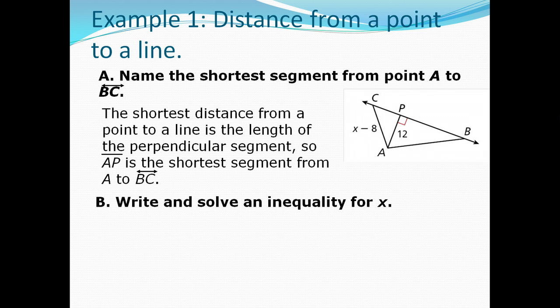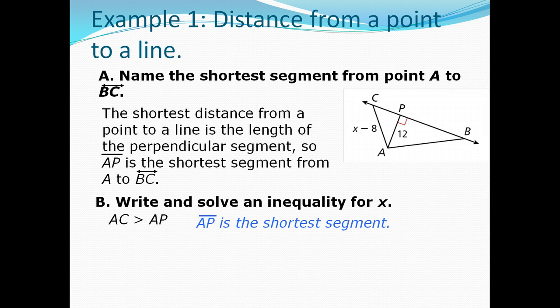If we want to write and solve an inequality for x, since we don't really have an exacting value, we can at least figure out what it kind of would be. Since AP is the shortest segment, then AC is greater than AP.